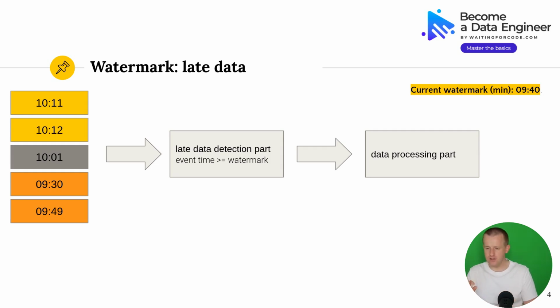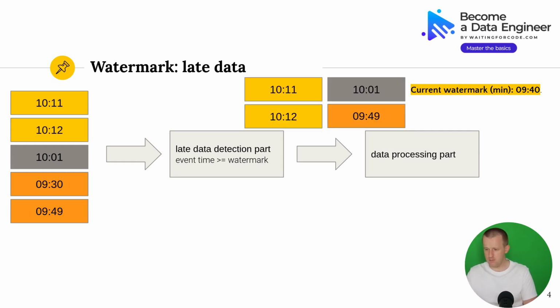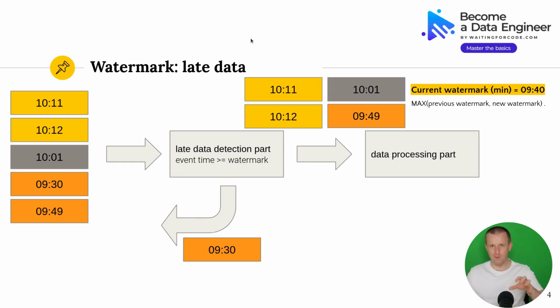Here in the strategy, there is this extra data detection part. We are receiving data, we generate the current watermark, and whenever we get data that is lower than this watermark, we simply discard it from the pipeline or send it to a separate processing channel dedicated to this late data. But that's one kind of watermark.